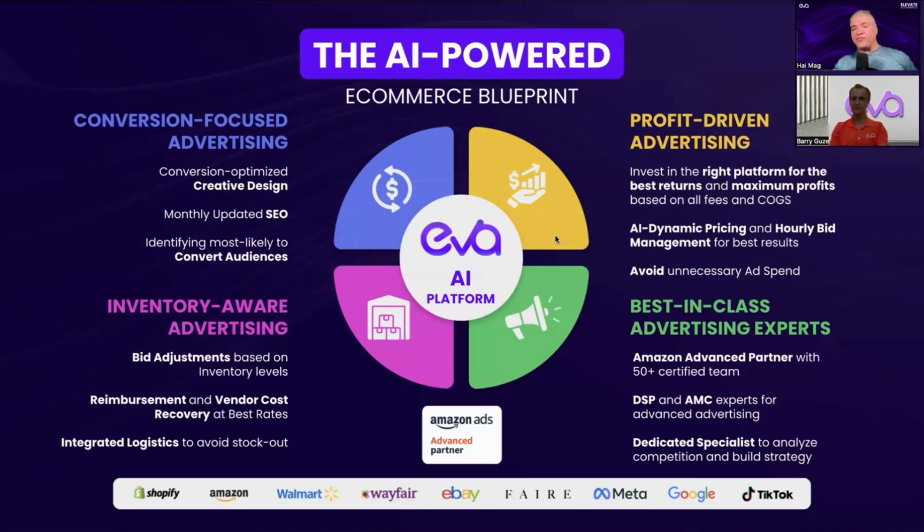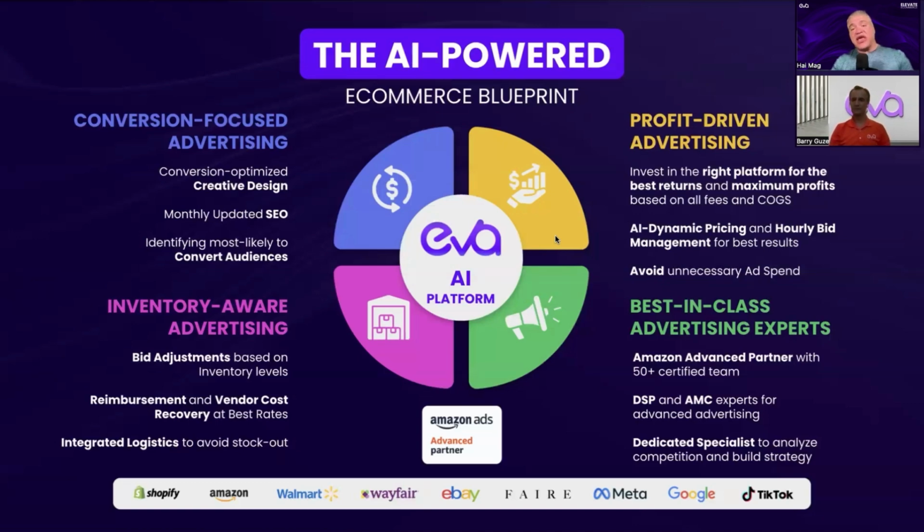Now, one thing which might be interesting for the brands, as Prime Day is an important time frame: dynamic pricing and hourly bid management, which is almost an impossible task for any specialist to complete. Why? Because it's hourly. You need to optimize the bids and the price. So that is what we do with EVA.